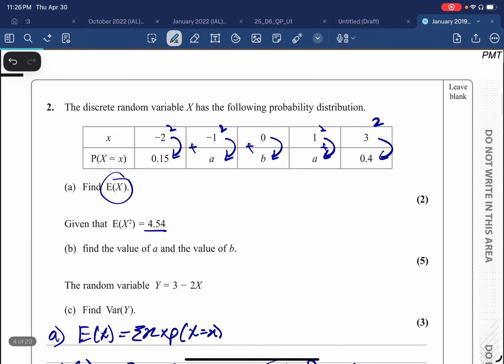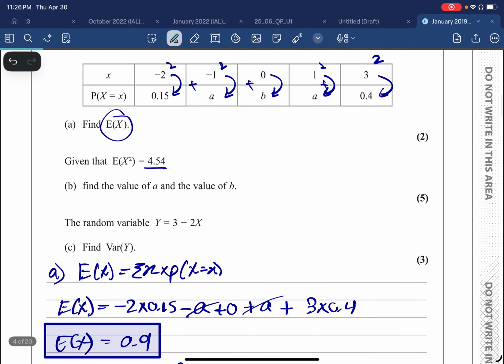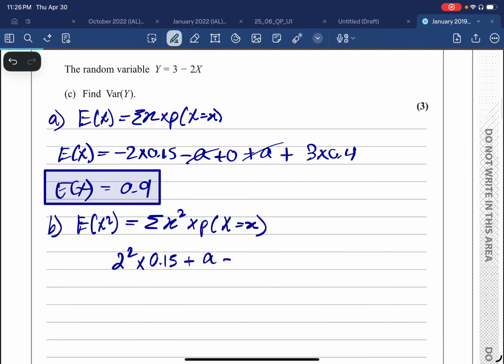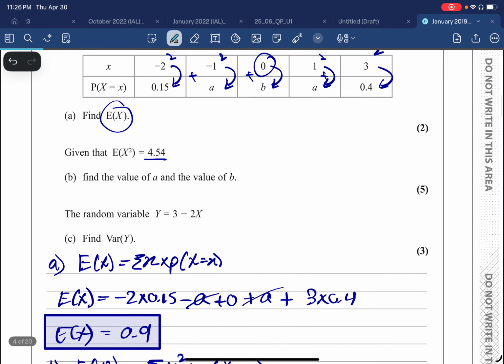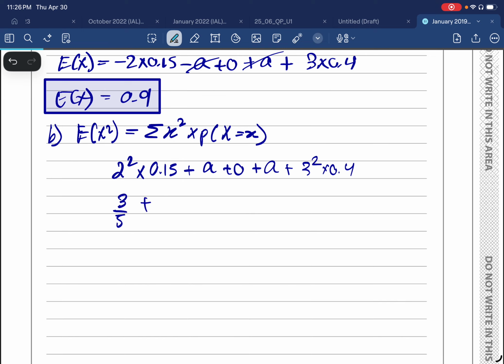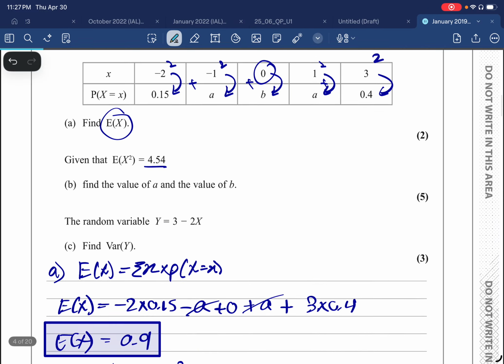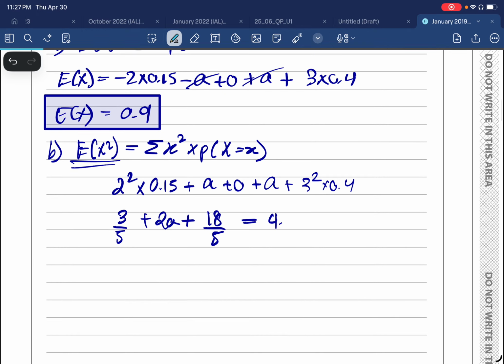And we get a positive a. 0 squared is 0, plus 1 squared times a is again a, and 3 squared times 0.4. They gave us the value of E(X squared), which is 4.54.